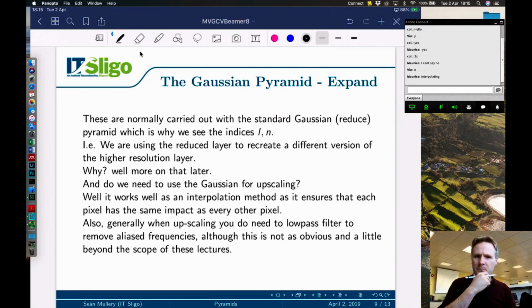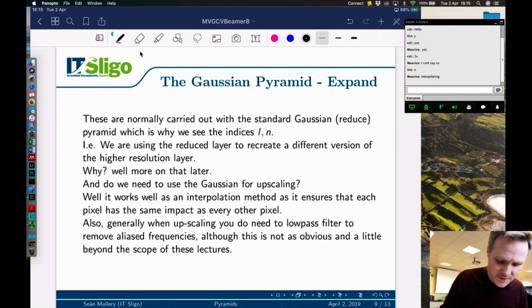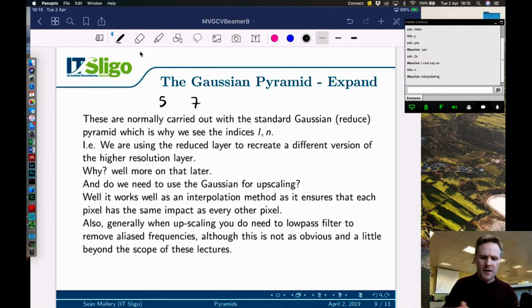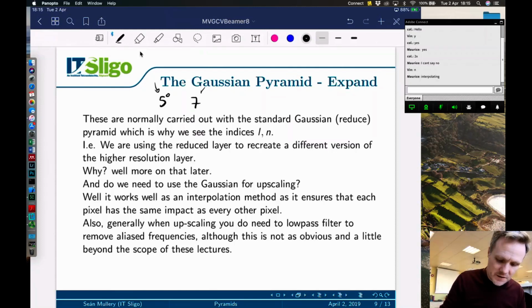Firstly, the Gaussian works well as an interpolation method, and what I mean by interpolation is that if we have two values, let's say I have a value 5 and I have a value of 7. So let's say, for example, at 2 different hours of the day, I check at 2 o'clock and the temperature is 5 degrees, and at 4 o'clock I check and it's 7 degrees. What was the temperature at 3 o'clock in between?